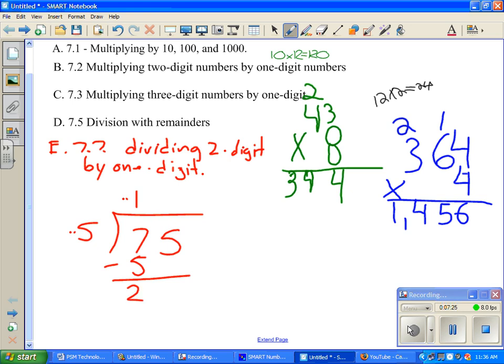And since 5 won't go into 2, you bring down the 5, which is 25. And it goes into 25 5 times. You multiply 5 times 5, which equals 25. And you subtract 25 minus 25, which equals 0. And the answer is 15.